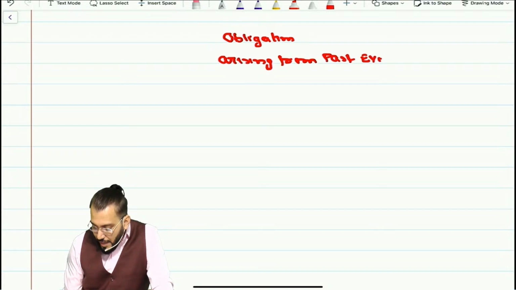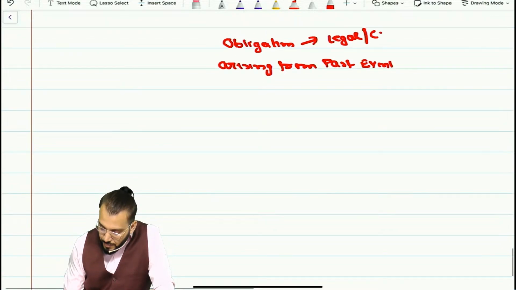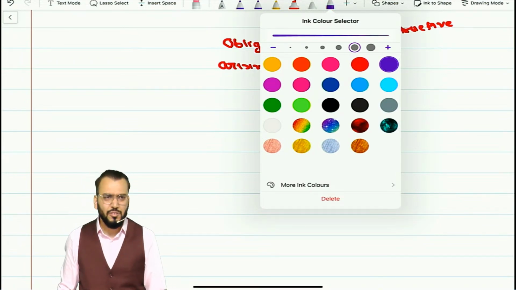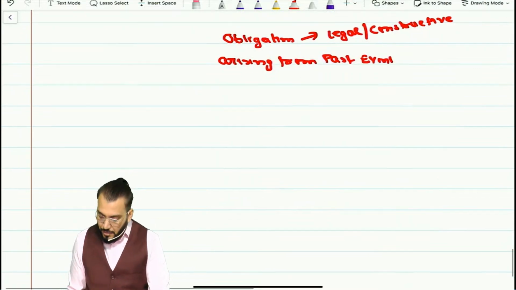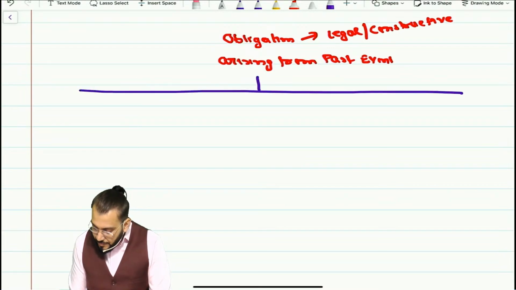And this obligation can be legal or constructive. Legal will include contractual obligation also. So don't be confused that legal means only an act. It can be a contractual obligation also.